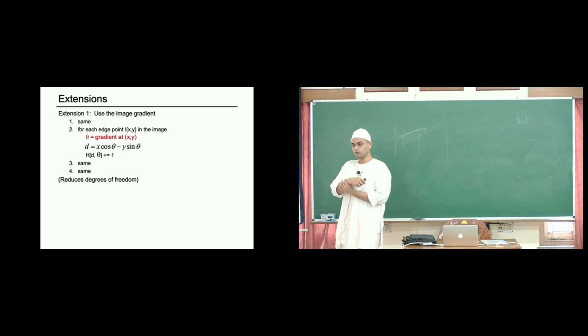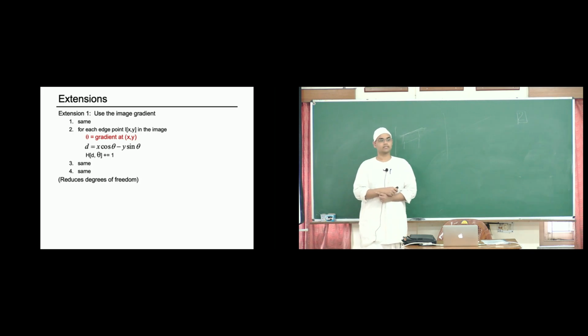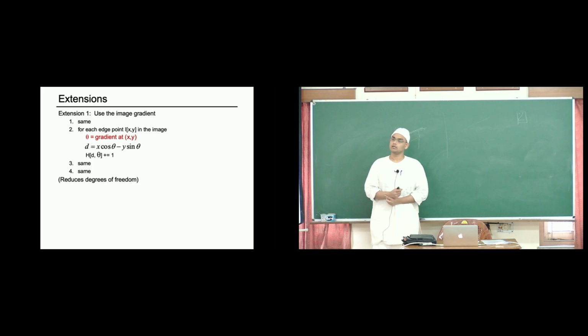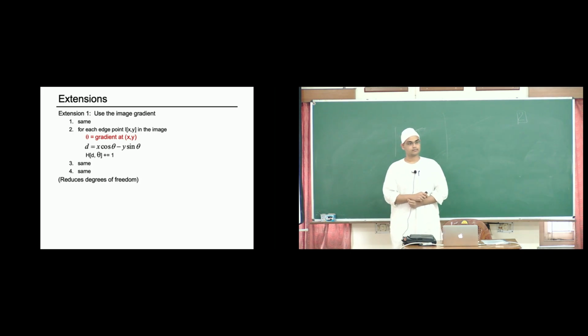So how long will it take? Number of edges, very cheap. Very cheap, because for the edge image, anyway, you need to do that calculation. In the Canny edge detector, how are you finding the direction? You are anyway calculating those things, the gradient direction.